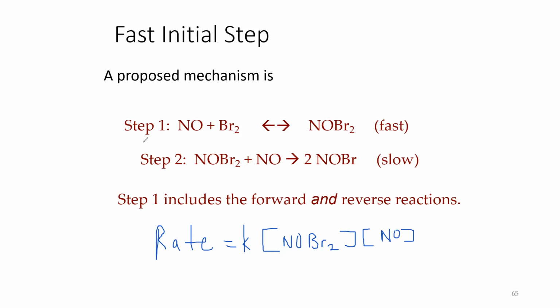So we can't just directly add the concentration of NOBr2 to our rate law. We'll have to adjust this a little bit and think about how we can substitute something in for the concentration of that intermediate.